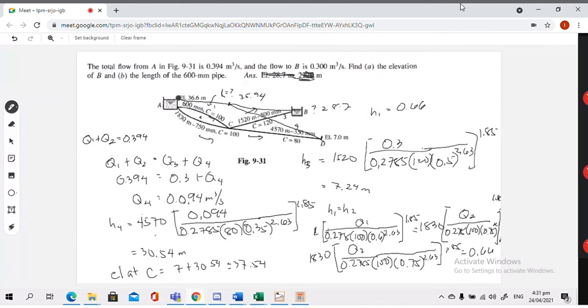The flow from A, okay, and the flow to B. Okay, something is wrong with the problem. I'm not sure why. And the flow to B. So the flow to B. The flow from B. So 0.7.